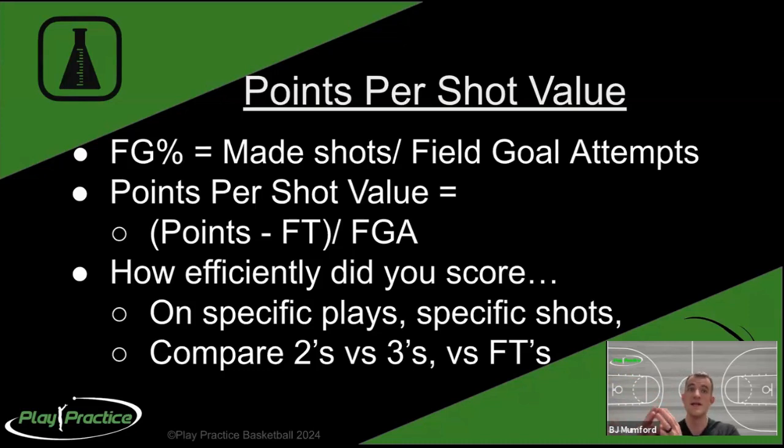So for free throws, we just take 2 free throws as a chunk and calculate that because it's the equivalent of a 2-point shot. If you score 50% on your free throws, because they're worth 1 point each time you make it, you're still going to average 1 point for every 2 shots at the free throw line you take.